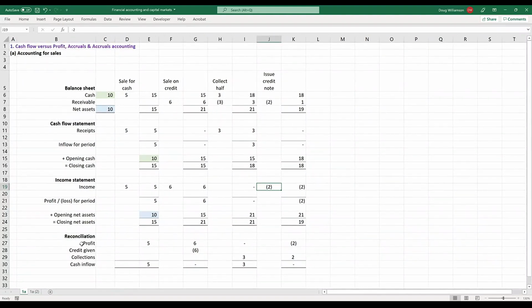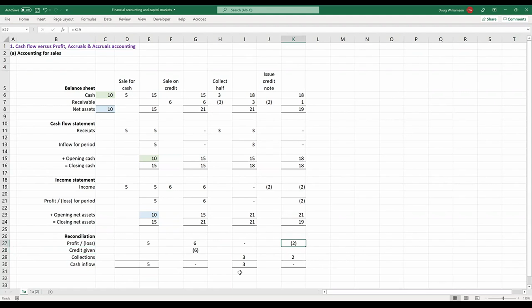So our reconciliation says we made a loss in the period, so loss in brackets. If we make a loss, we would have expected a cash outflow.